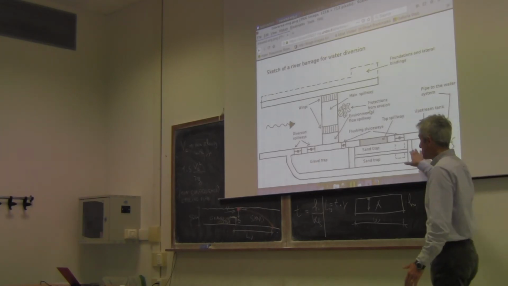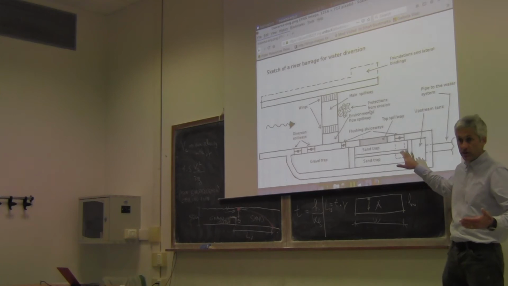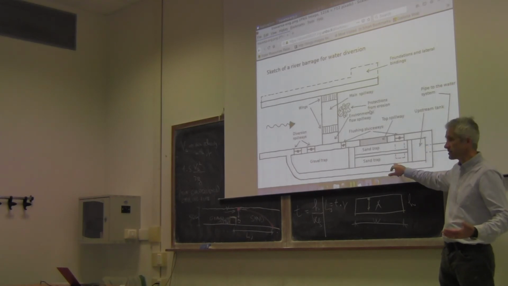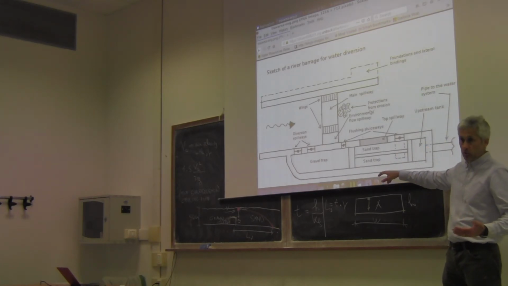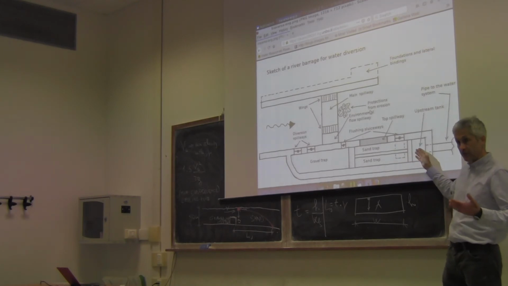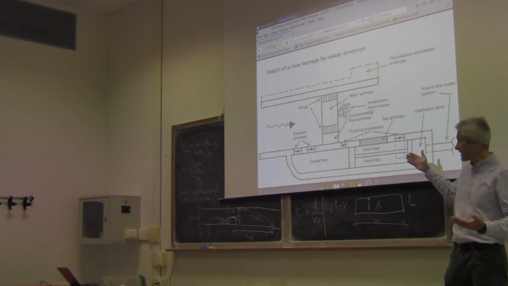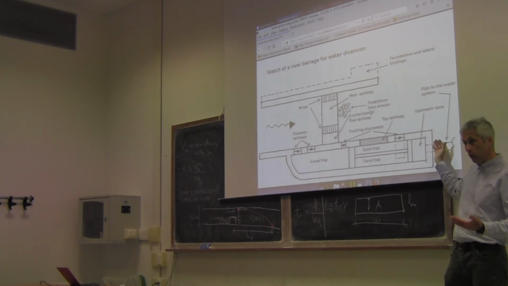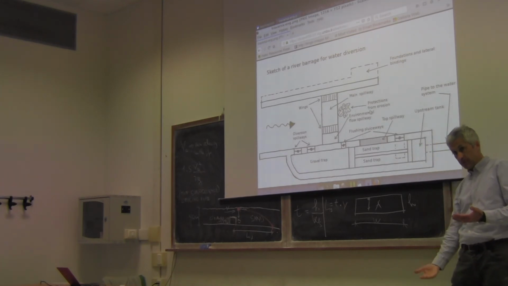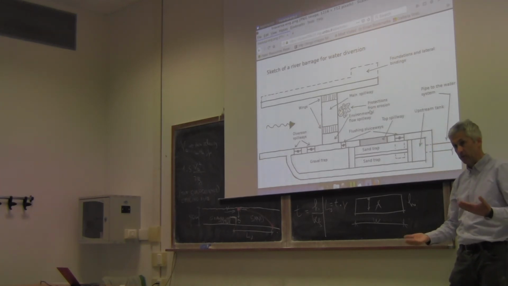Of course, you have the water surface. The level of the water surface is regulated by the level in the sand trap and gravel trap. So in order to make sure that you have enough submergence, you need a tank to allow you to lower the level of the pipe to make sure that you have enough submergence.